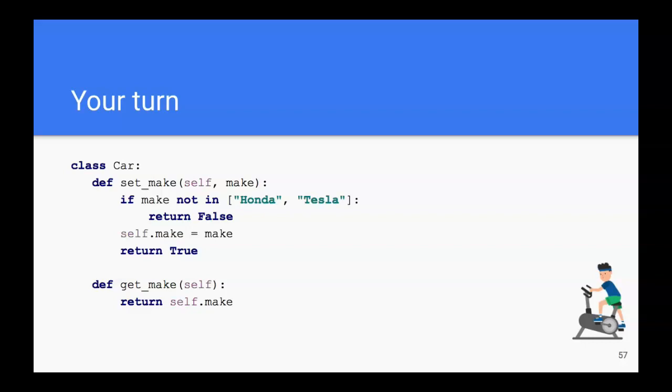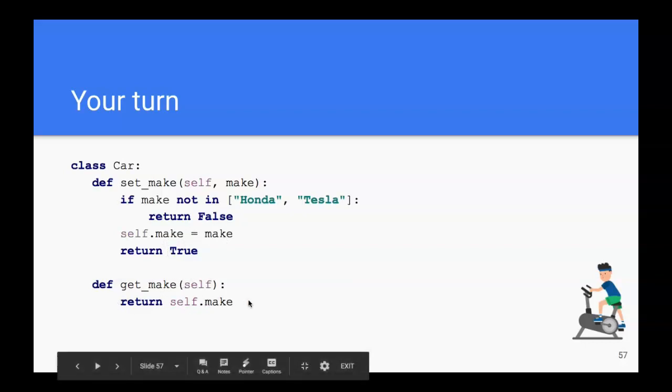Apologize again if you disagree with that, but this is only for the sake of the exercise. And then if it passed the validity test, we'll remember the attribute, and then we return true. And then the getter is very simply just returning the self.make attribute.